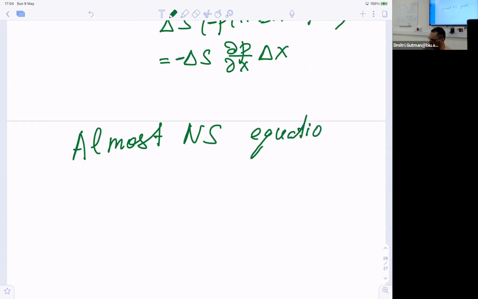Something is still missing. What is missing? Something very big and conceptual is missing from the Navier-Stokes equation. What do we have in the Navier-Stokes equation that we don't have in the equation that we just derived?